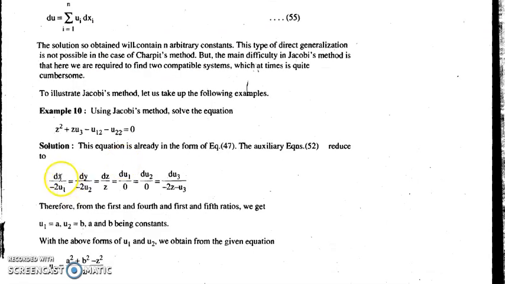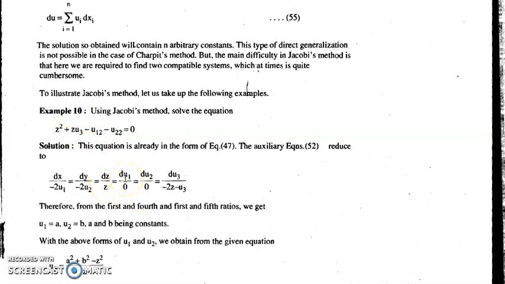The auxiliary equation is dx/f_u1, here u1 squared is there, so it is −2u1, then dy/f_u2 which is −2u2, then dz/f_u3. The derivative of this term will be equal to z.